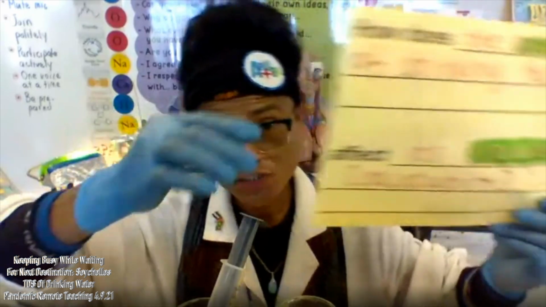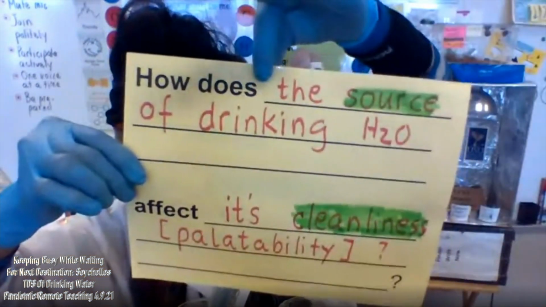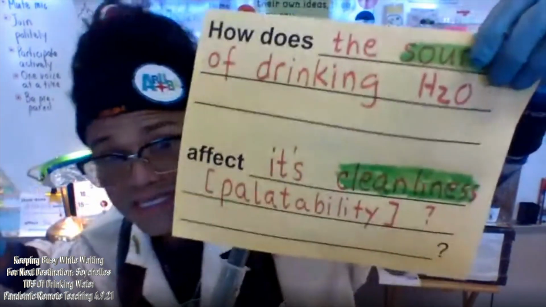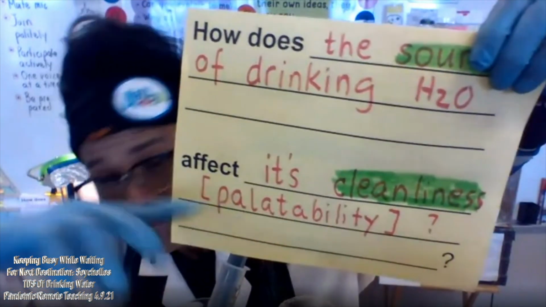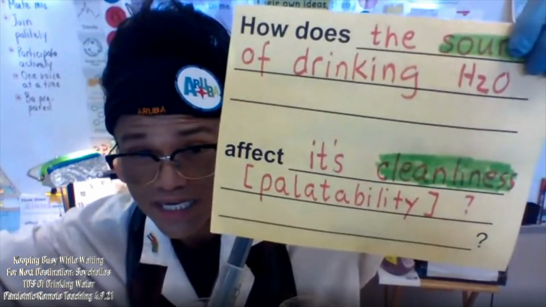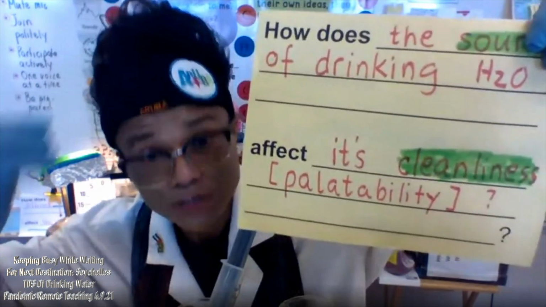So we are going to think of this question which we had seen during the bell work: how does the source of drinking water affect its cleanliness? Another word we can use is palatability, meaning it can be drunk.